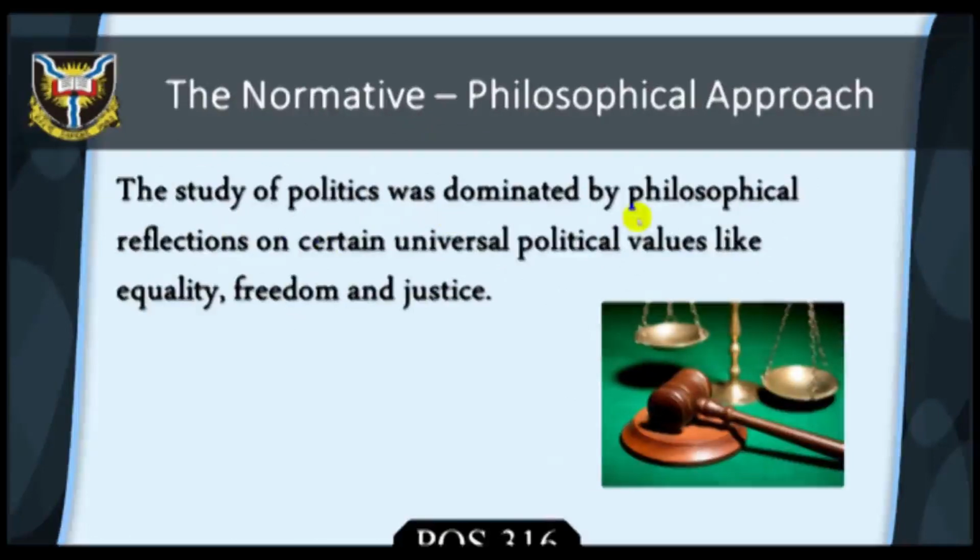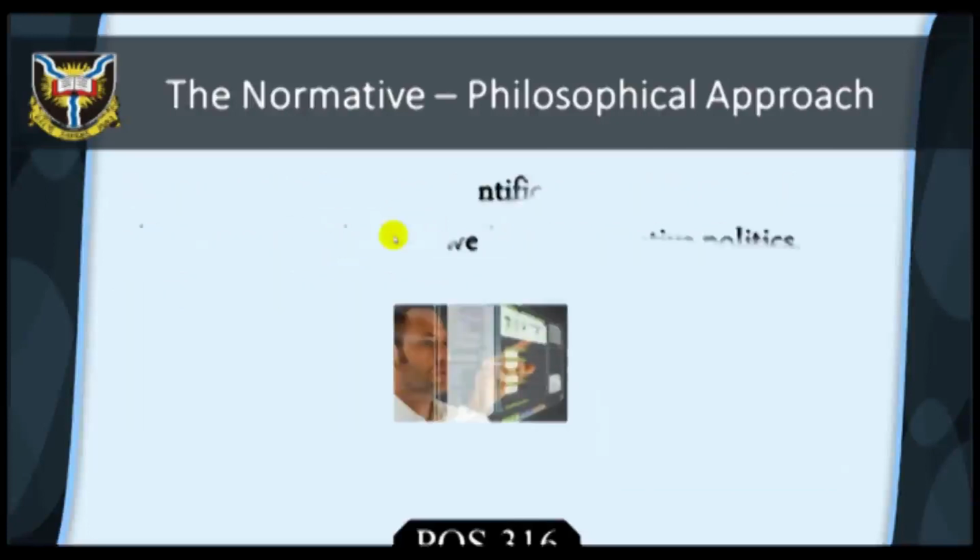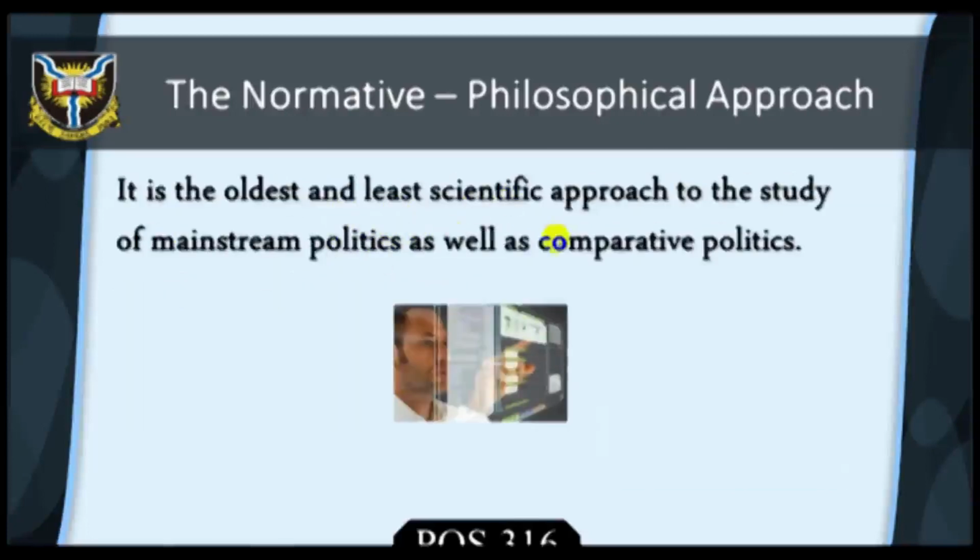The normative philosophical approach is the oldest and least scientific approach to the study of mainstream politics as well as comparative politics. It has over the years been gradually overshadowed but not completely displaced by modern or more contemporary approaches.